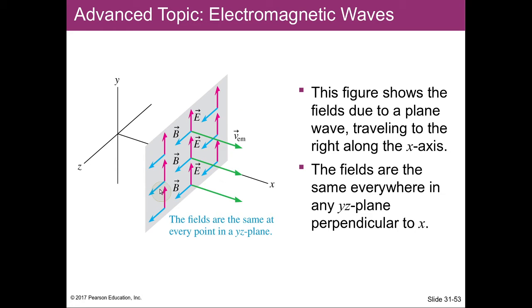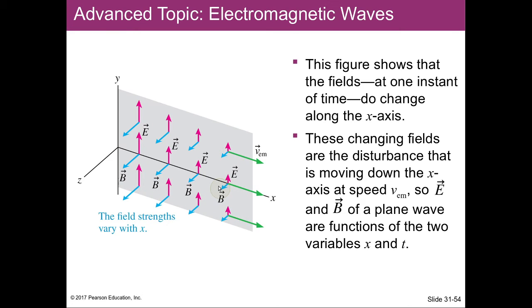We can take a different projection through our three-dimensional space, and so if we look along the x-axis, we see that as the field oscillates, the magnitude of those vectors becomes smaller along the x direction, may even change direction and then become larger again, and so on. So the field changes along the direction the wave propagates, both the electric and magnetic field. So that's the setup, and so let's see what Maxwell's equations tell us.